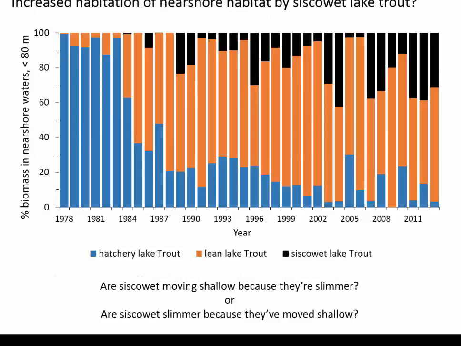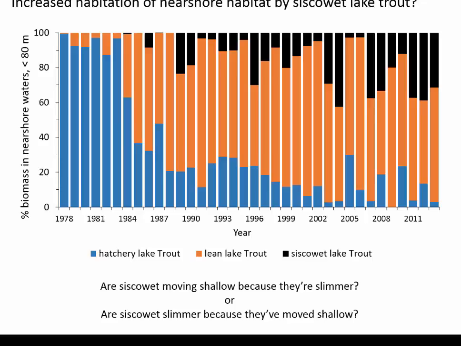And so, this is our trawl survey data, so this is data from 1978 based on those samples all around the lake that the USGS has been sampling, again, since 1978. And this is the percent of hatchery, lean, or ciskowet that are collected in waters less than 80 meters deep.